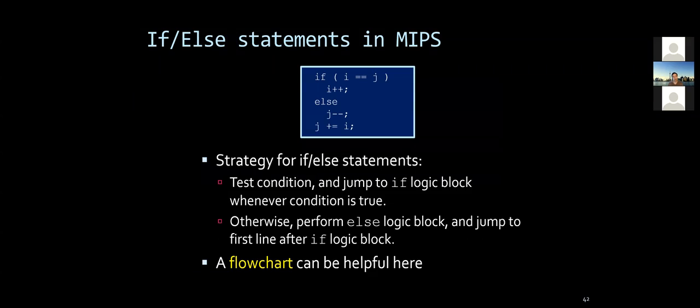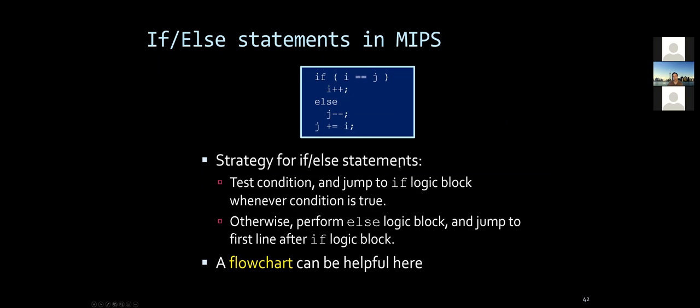One complication with dealing with if statements in MIPS is that the way they interpret conditions is a little bit non-intuitive. The strategy is, if you had code like that, if i equals j, then i plus plus, else j minus minus, and then you have j plus equal to i.